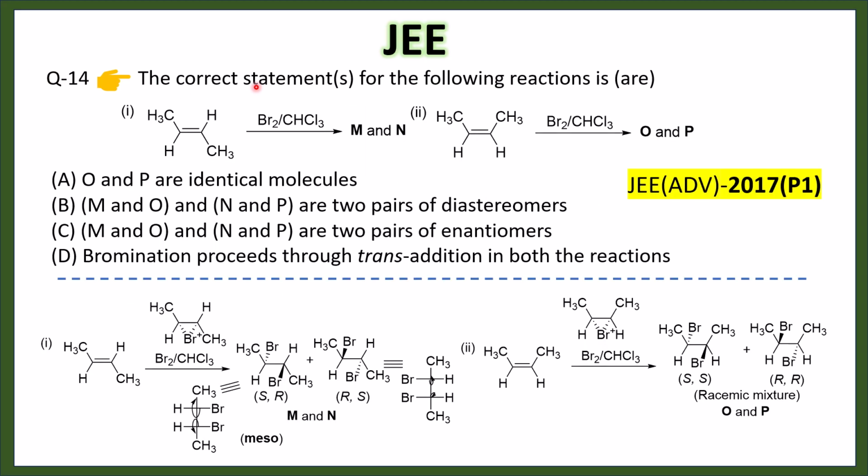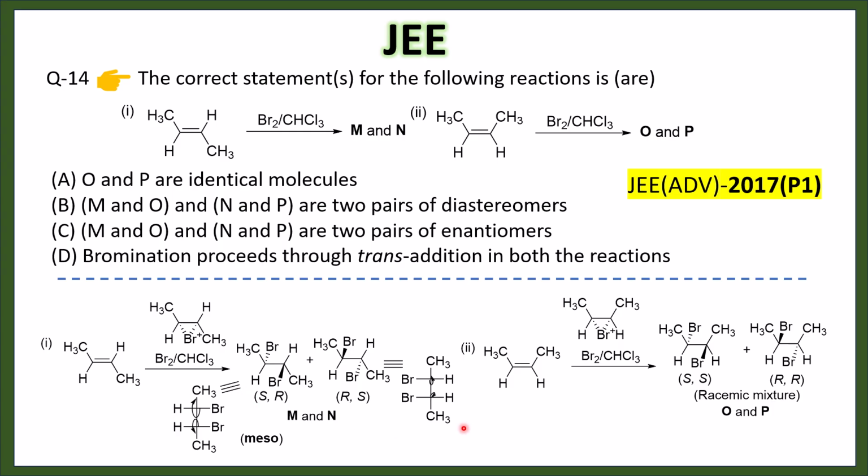Question number 14: the correct statements for the following reactions is or are. Here cis-butene and trans-butene undergo bromination in the presence of chloroform solvent. Here the different products are given. Now O and P are identical molecules, and M, O and P are two pairs of diastereomers, whereas these are a pair of enantiomers. The bromination process goes through trans-addition in all cases. Here a cyclic bromonium ion forms initially, and further the bromide ion adds, giving this mixture of products, whereas all products are the same.